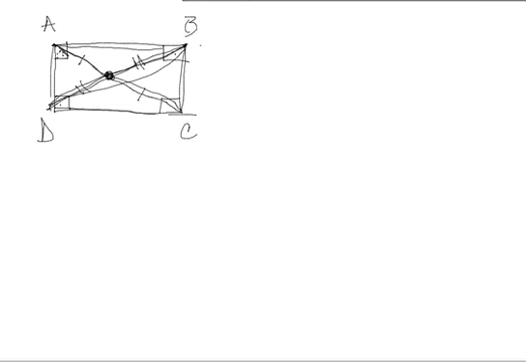You don't have the slantiness going on like with the parallelogram, where one diagonal could end up longer than the other. Here in a rectangle, the diagonals are congruent to one another.